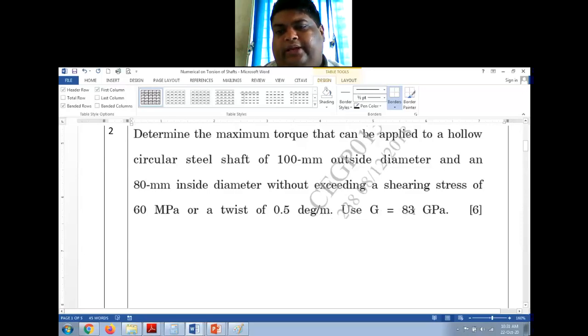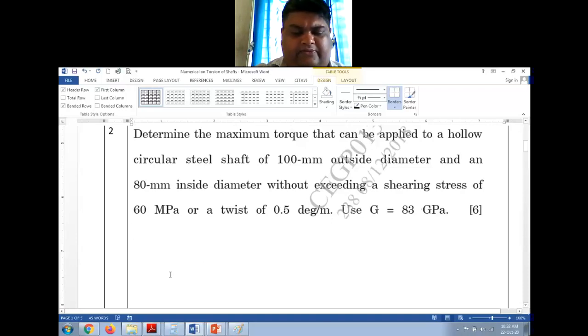Use G is equal to 83 GPa, gigapascal. So in this case, you have to find the torque based on strength, and you also have to find the torque transmitted based on rigidity. Whichever is less, we will be using that as the maximum torque, right?